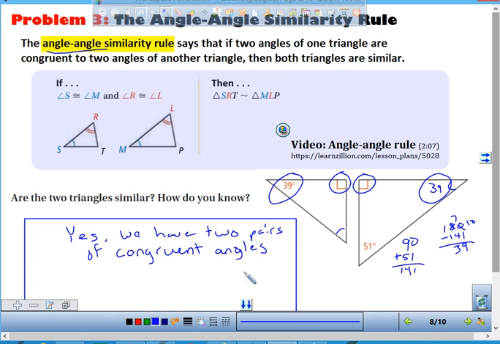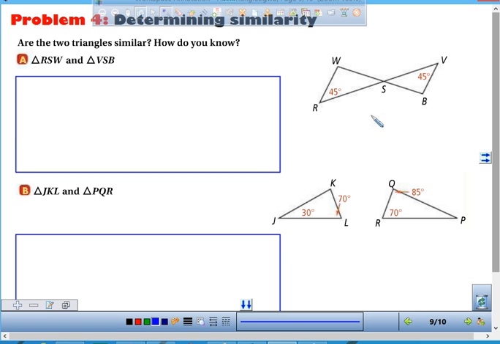As long as you have two pairs of congruent angles, they are similar. Questions? What are we looking for? Similar triangles by looking for congruent angles. They say, are the two triangles similar? And then how do you know?